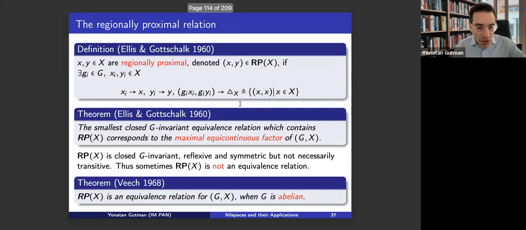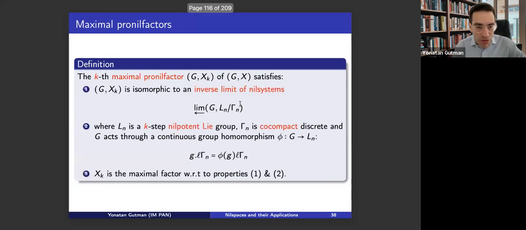And so there is a whole history. We will not go over it, but in order to mention the Nilspaces, let me mention that we can define the so-called maximal pro-Nil factor of a system. This is a factor of a general system, which is an inverse limit of Nil systems and is maximal with respect to this property.